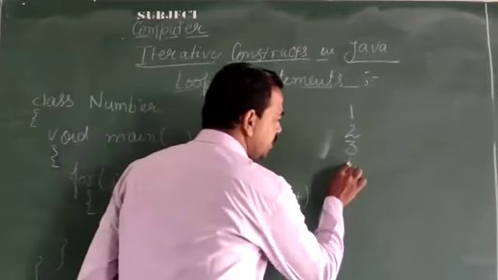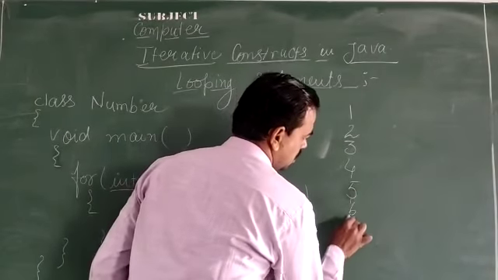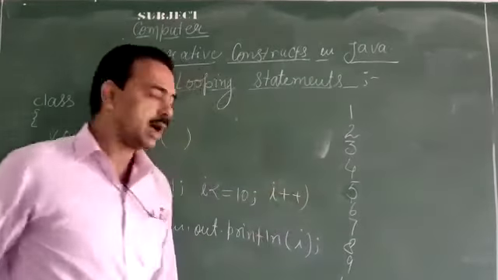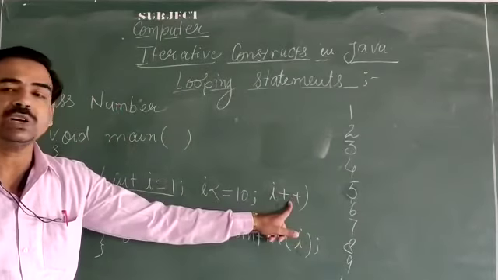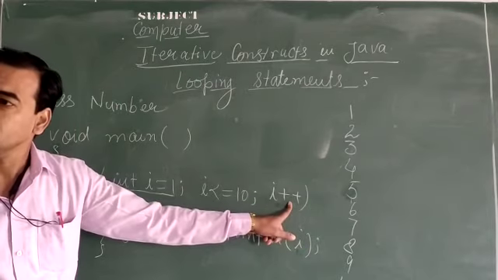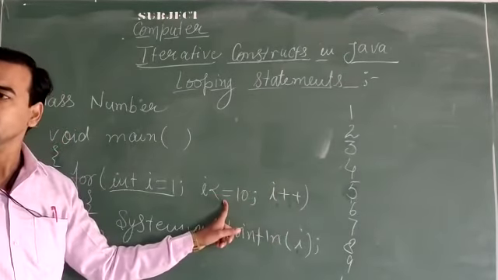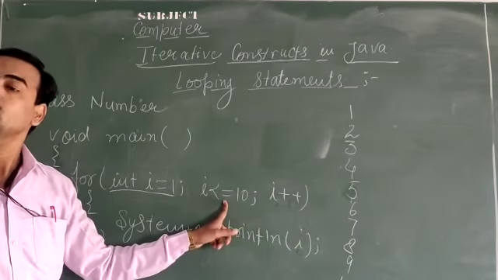This process will go on up till after printing 10. When the control will transfer to the updation, then 10 plus plus is 11. And then check the condition. 11 is less than or equal to 10. Condition is false.